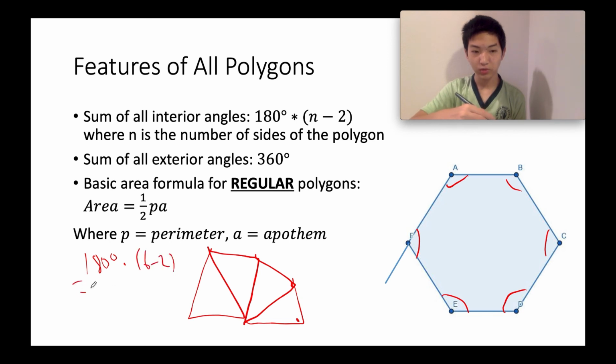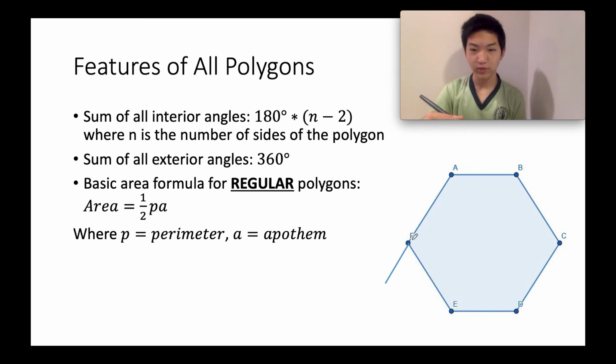That would be equal to 180 degrees times 4, which would be equal to 720 degrees. And we can verify this by seeing that we can split this into two triangles and a rectangle. You see this is 180 degrees, this is 180 degrees, and this is 360 degrees.